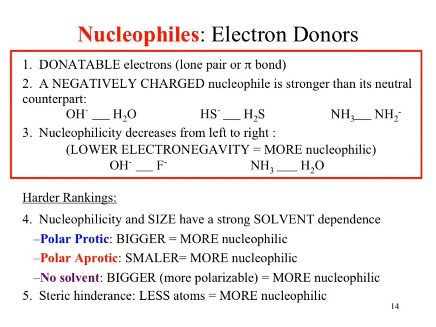OH minus, because it's negatively charged, so that's our stronger nucleophile. HS minus versus H2S. HS minus. NH3 versus NH2 minus. NH3, no, I'm just kidding. NH2 minus is our stronger nucleophile.